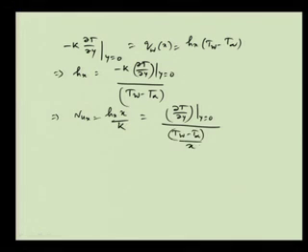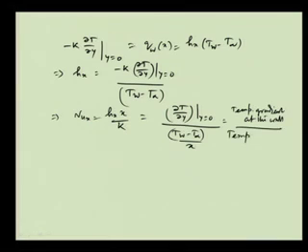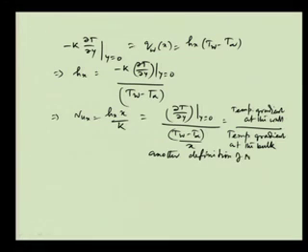Okay. So, this says it is the temperature gradient at the wall divided by the temperature gradient at the bulk. So, this is another definition of Nusselt number.